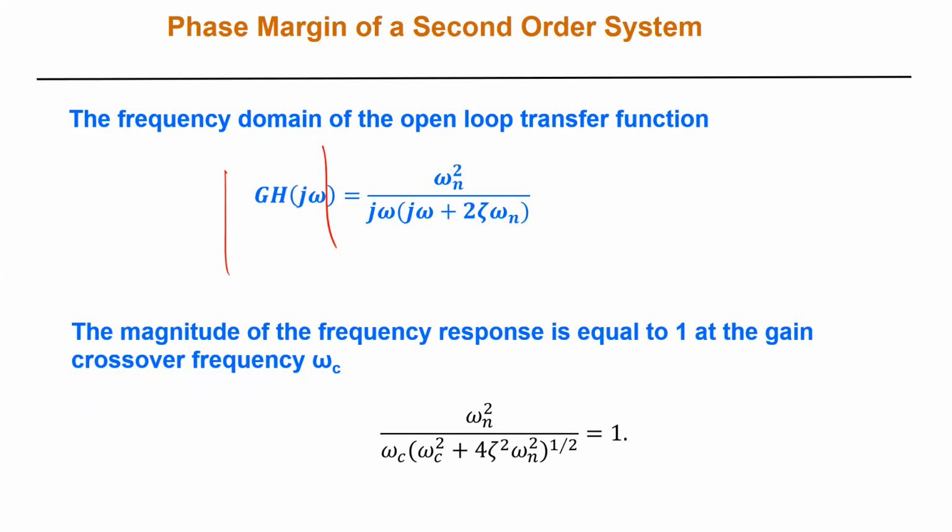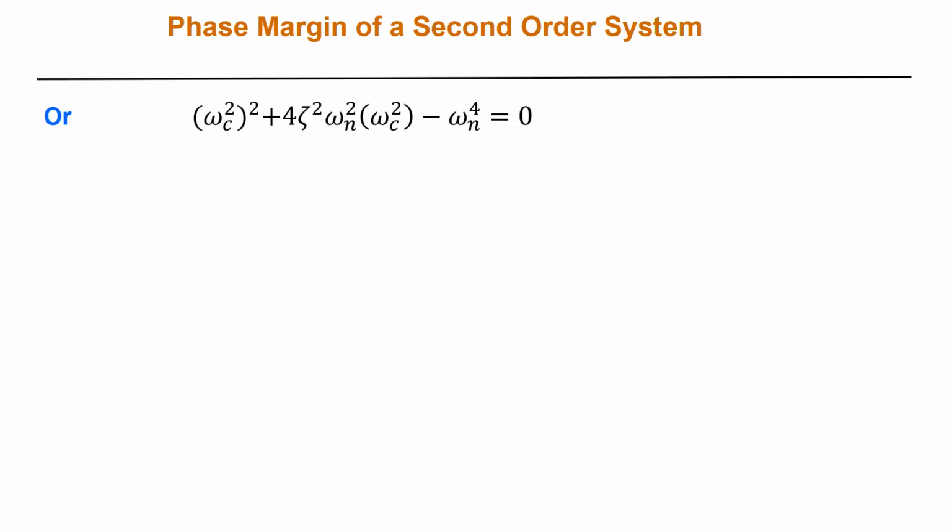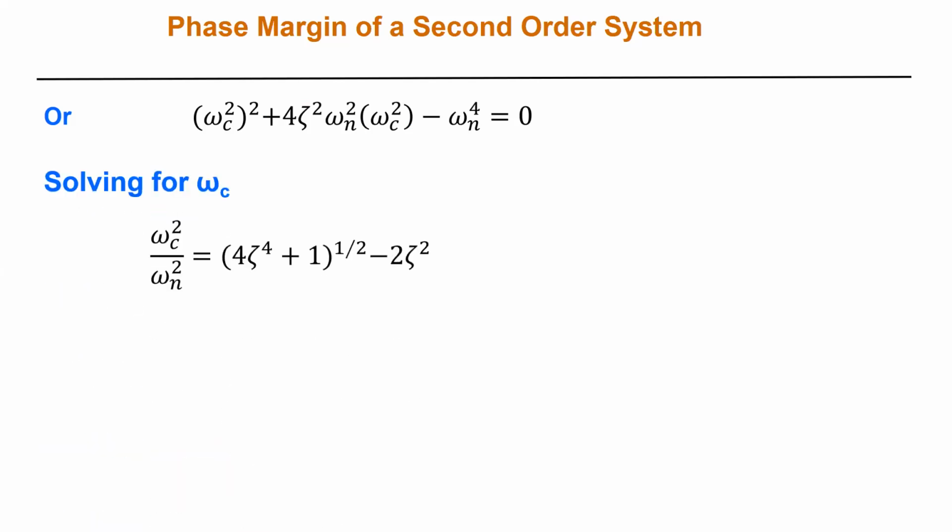And this is the way we define the gain crossover frequency. So once I solve this equation, I can normalize it to omega n. So the gain crossover frequency is going to be a function of zeta in this sense.